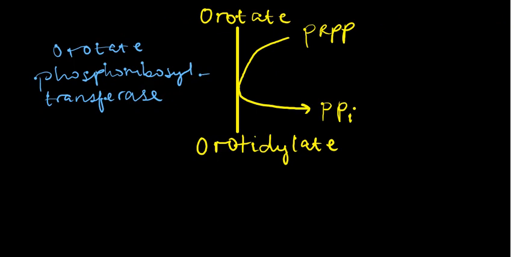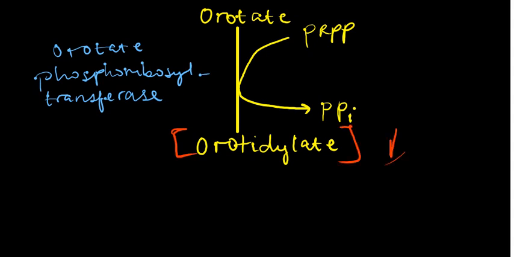Next up, orotate is converted to orotidylate. The enzyme orotate phosphoribosyltransferase transfers a 5-ribosyl group, which is PRPP, to the orotate, thereby forming orotidylate, which is the new one.